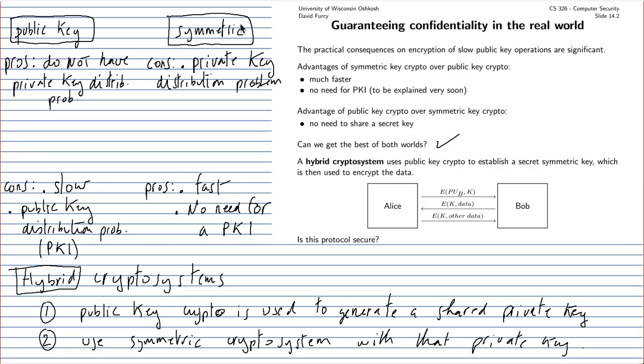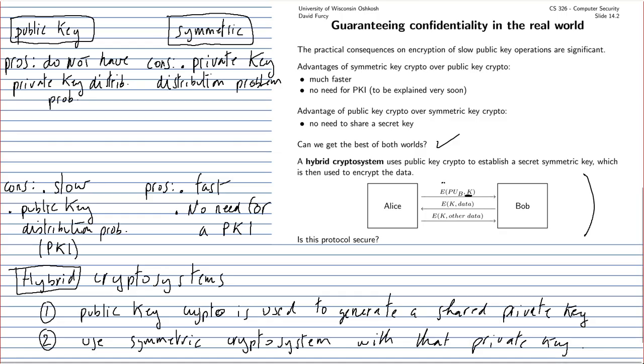So here is a simple protocol that uses a similar idea of a hybrid crypto system. Notice that Alice and Bob want to communicate using confidential messages. So Alice is going to pick a random bit string that she will call K, and she will encrypt that key K using the public key of Bob, the recipient.